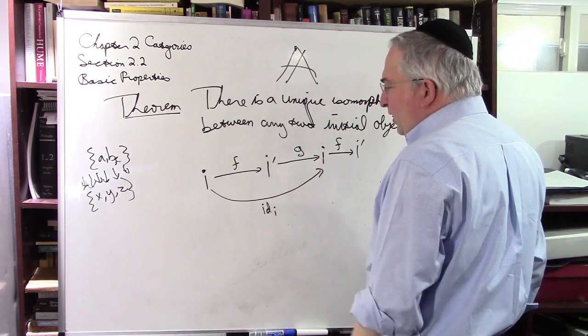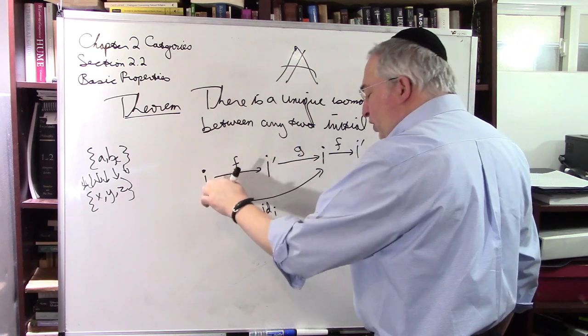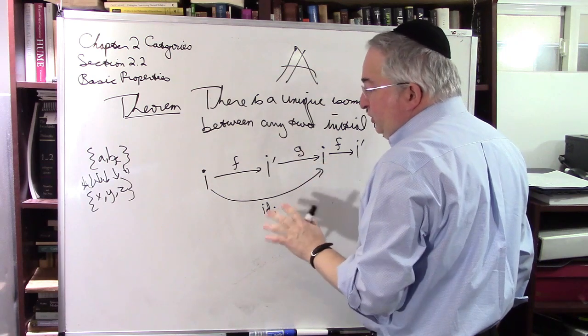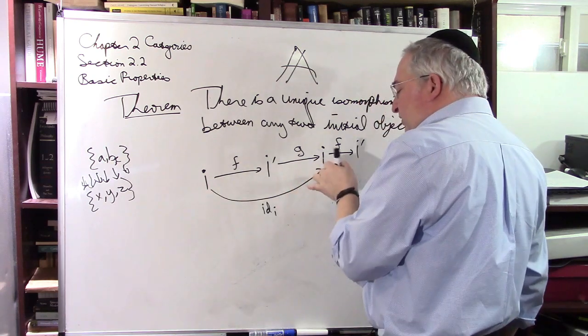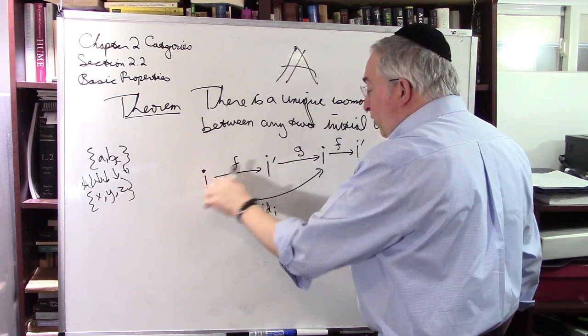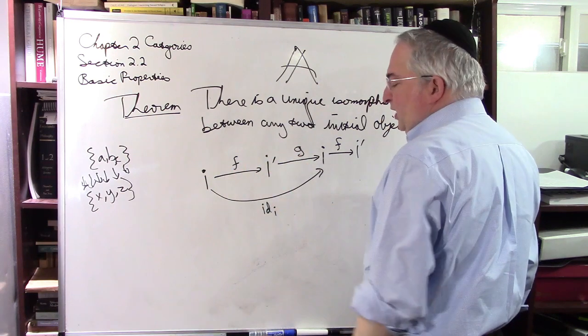What does this mean? We know that there's only one morphism from I to I, and here are two seemingly different ones: one is the identity, and one is this composed with this. Conclusion, F compose G is equal to the identity on I.